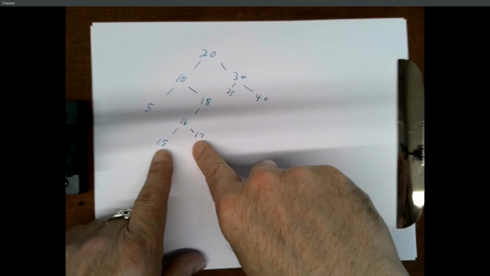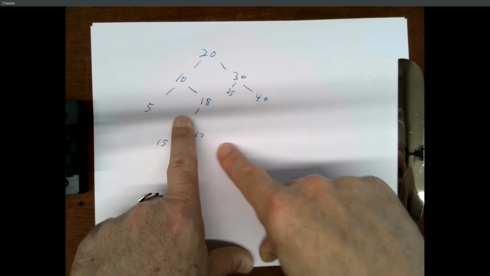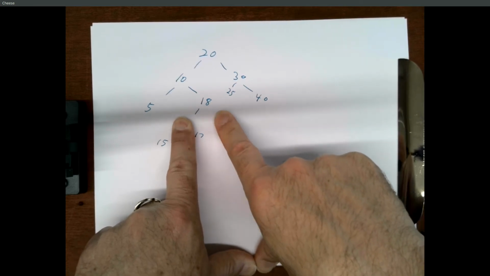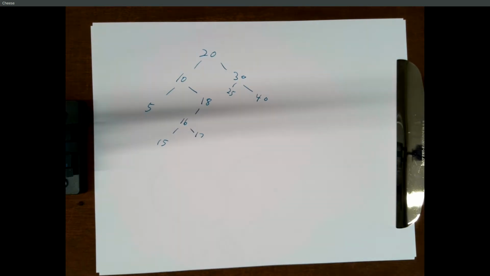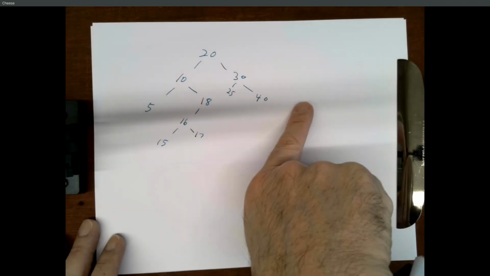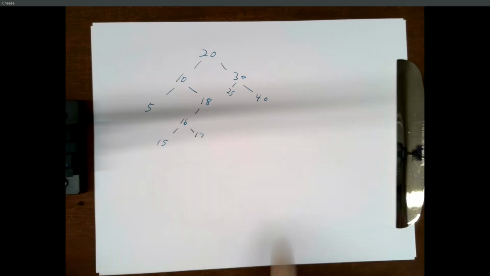And we can't make them both children of 18 because 18 can only have one child on the left. And we can't move 17 to the right because then it's not a binary search tree. So we need to keep this as a full bona fide tree in which we can get to every node. And we need to maintain this property that everything to the left of a node is smaller, everything to the right is larger. These are the issues in deleting.